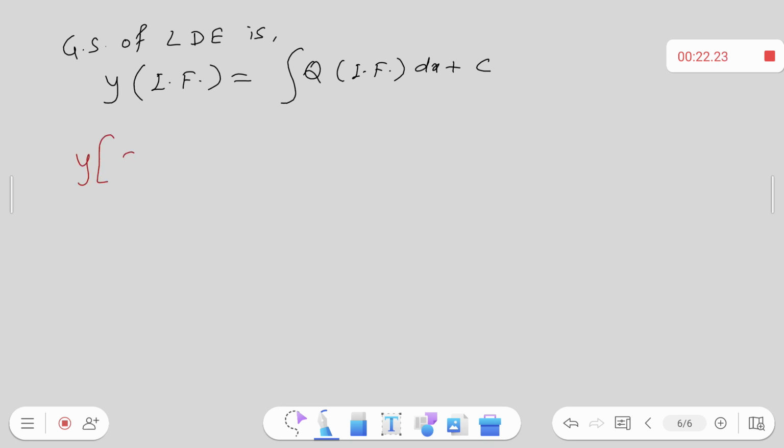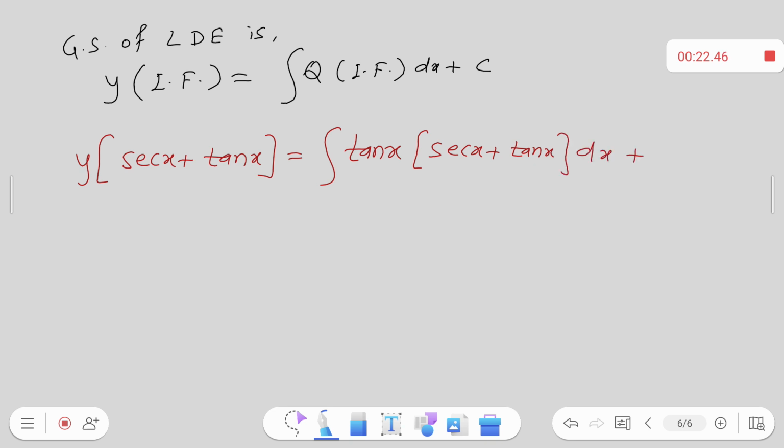So y into sec x plus tan x is equal to the integral. We have q already. Q is tan x. And integrating factor sec x plus tan x dx plus some constant of integration c.